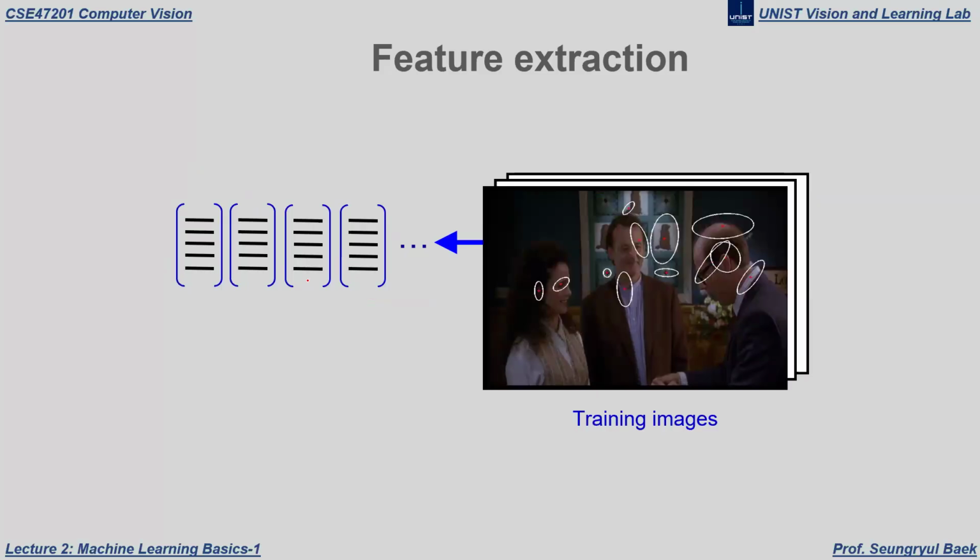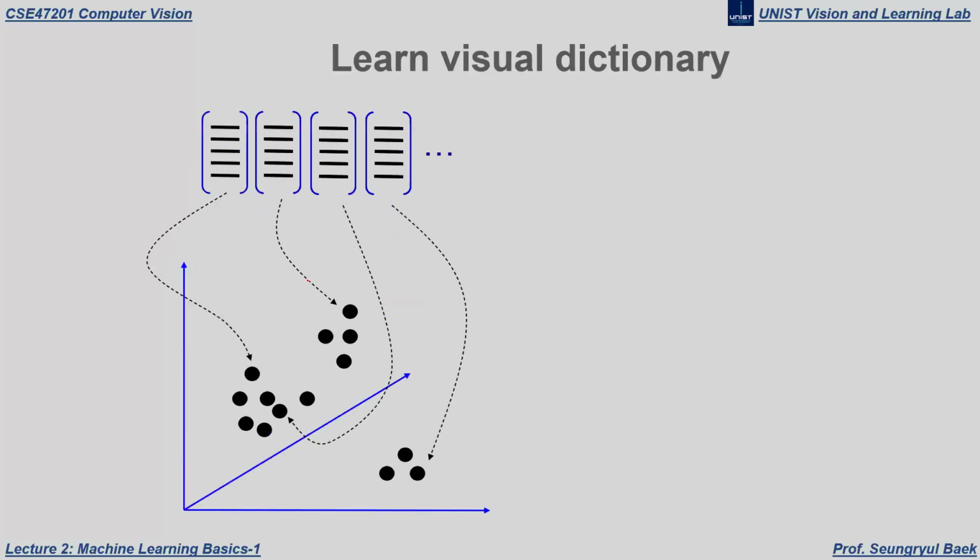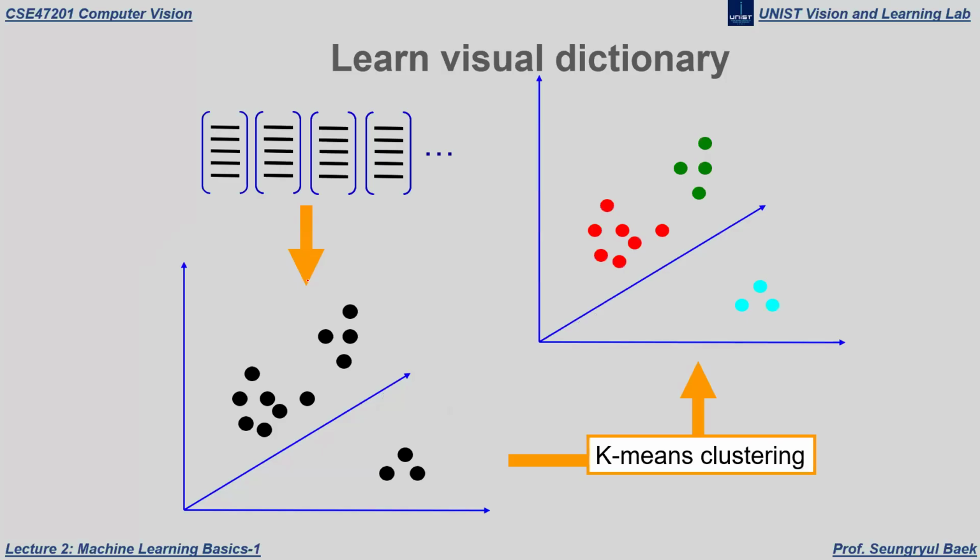From all the training images, we extract all the features. And then we will apply a clustering algorithm by mapping those features into their feature space. By applying k-means clustering, we can get k visual words. Their centroids become the visual words.